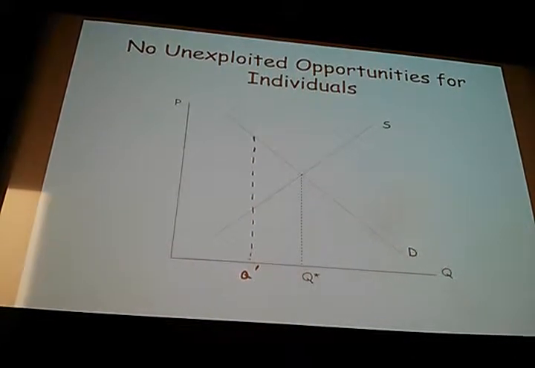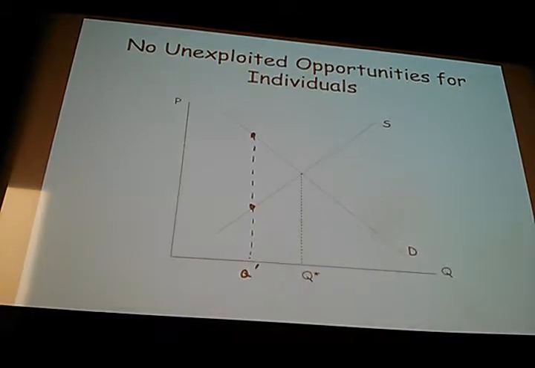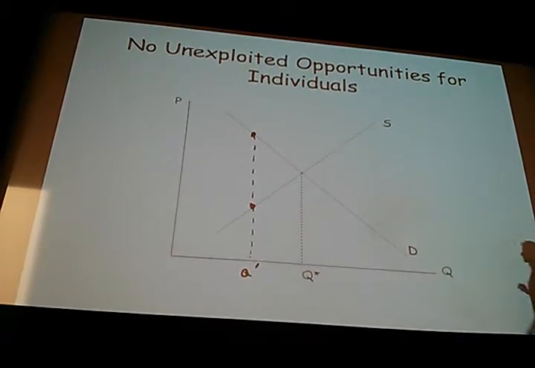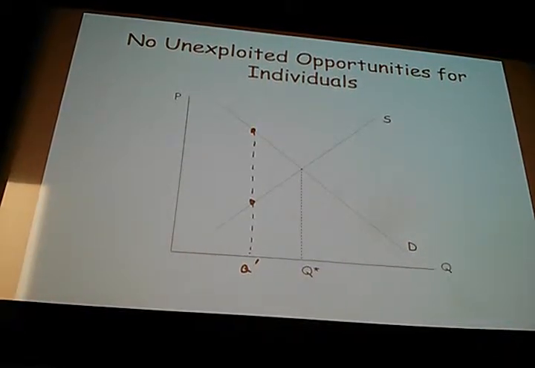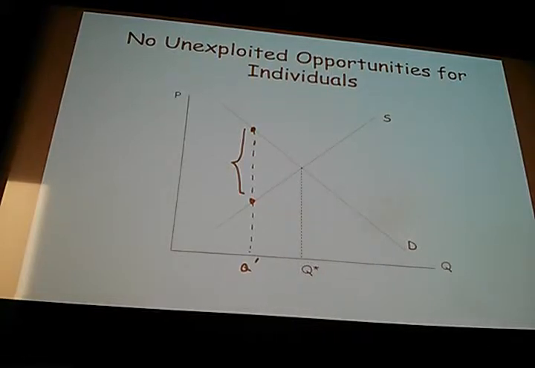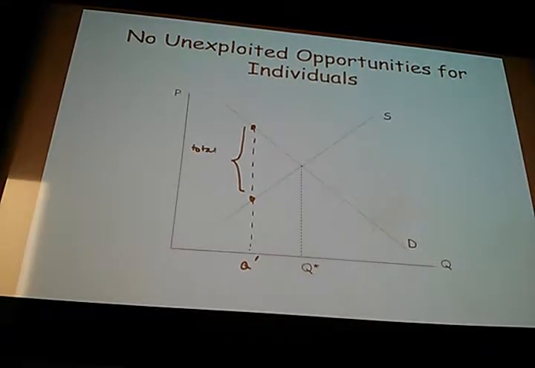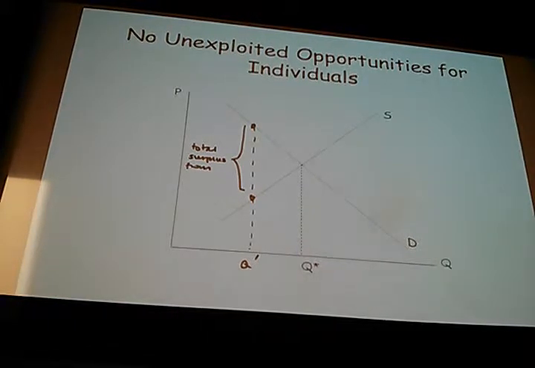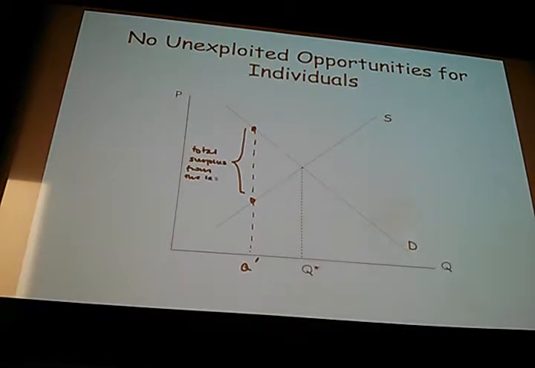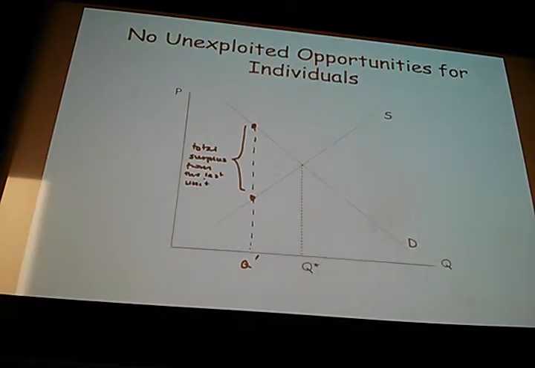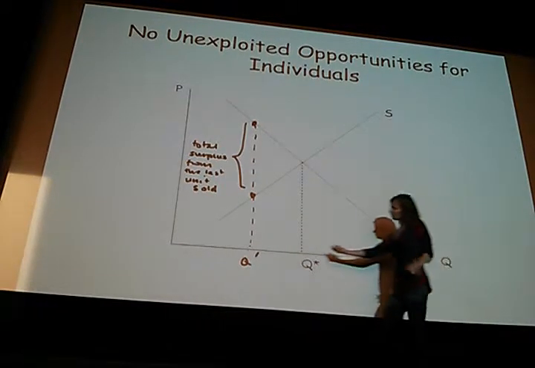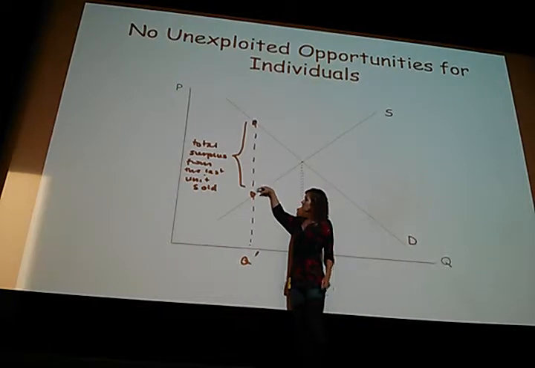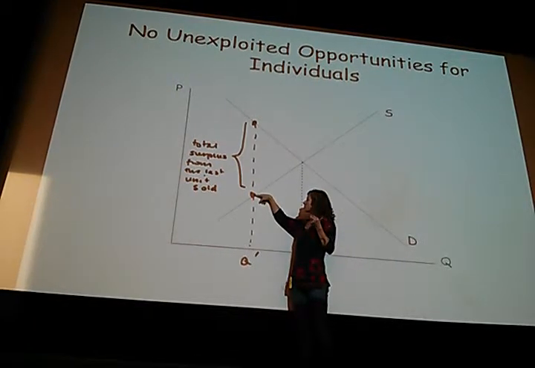If we think that the demand curve measures the buyer's reservation price, and the supply curve measures the seller's reservation price, then the distance that I'm about to indicate here is going to be the total surplus from that transaction. So that distance there tells you the surplus that you're getting on that last unit that's sold.